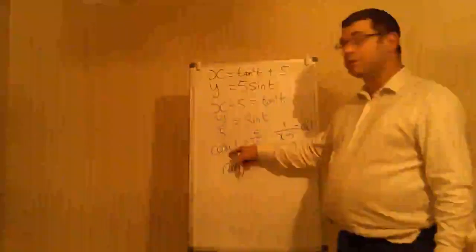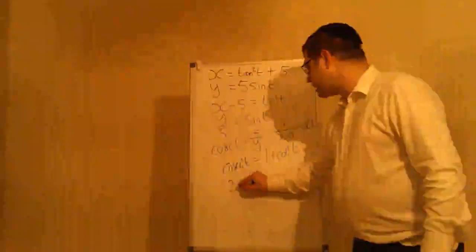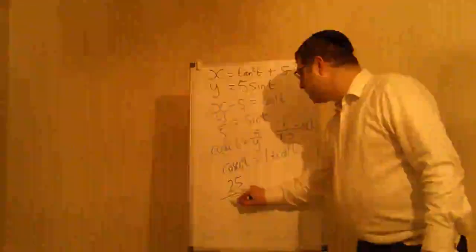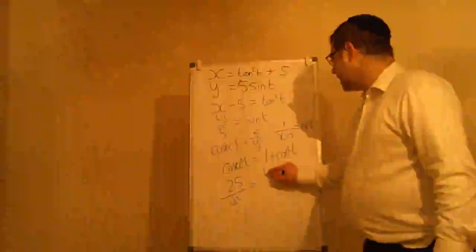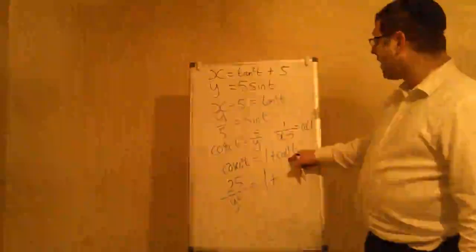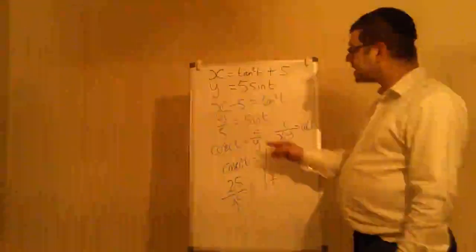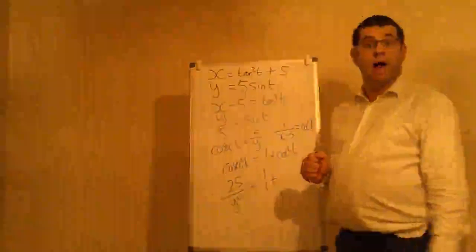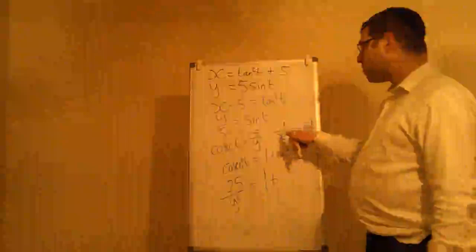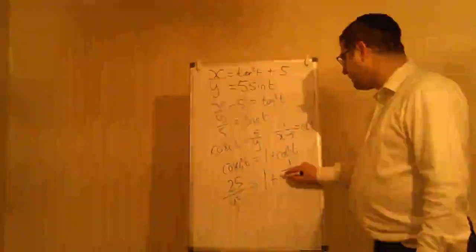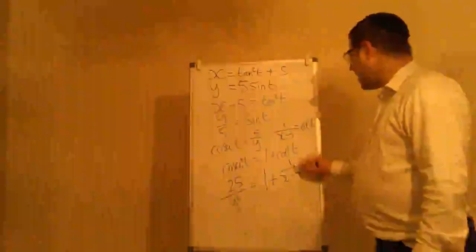That's only single, so we're going to have to square this. So we end up with 25 over y squared is 1 plus, now cot squared is what I'm after. I've got cot squared already. You need to look out. Sometimes you have the single function, sometimes you have the squared function. So I've got cot squared already, so I don't need to square this. It's just 1 over x minus 5.